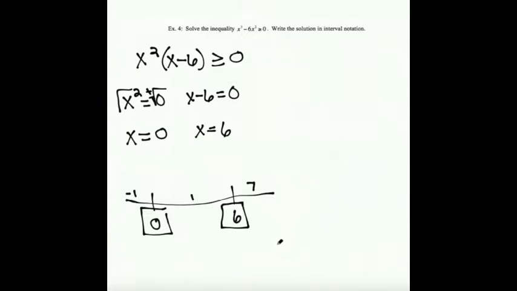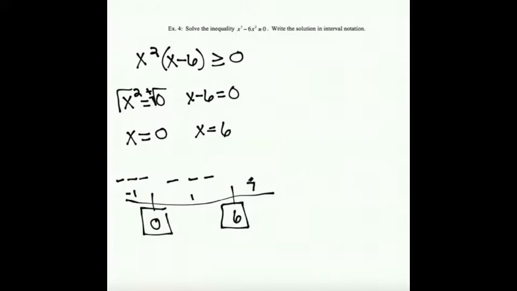Now, what I want to do is test those. When I put -1 into here, -1 squared is a positive, and -1 minus 6 is a negative. A positive times a negative is a negative. When I put 1 in, 1 squared is positive, 1 minus 6 is negative, so a positive times a negative is negative again.